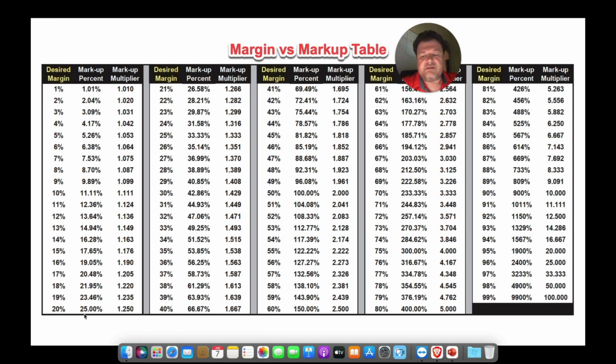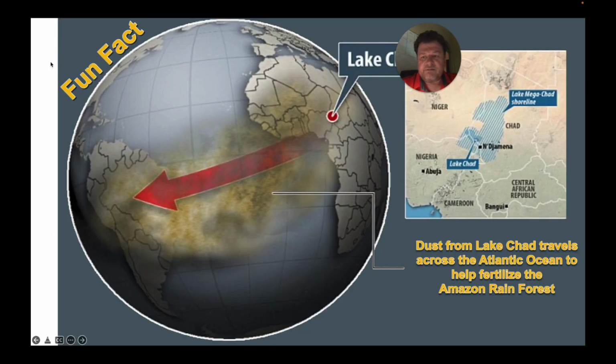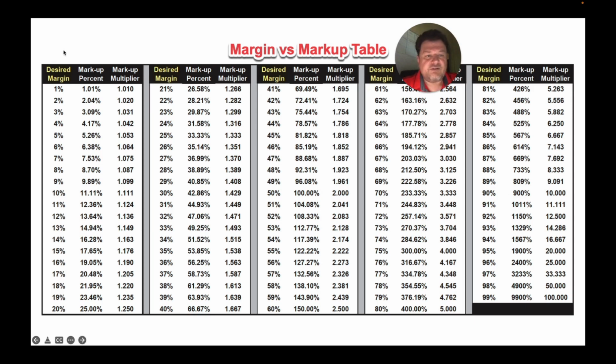That's why it's important to use margin, because these numbers in the desired margin here. Whoops. Jump one slide ahead here a little too fast. The desired margin in this column, as you see here, that is going to be what you're going to be putting in the bank if your costs are correct, not your markup.